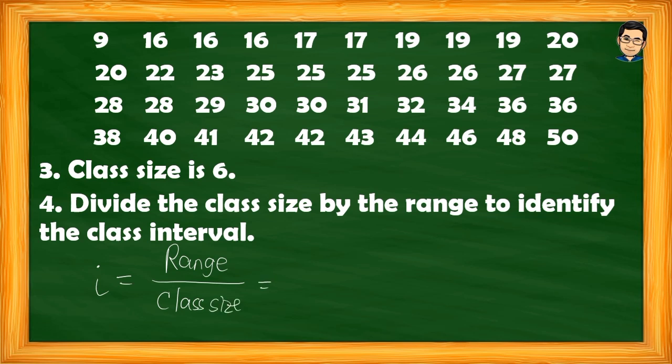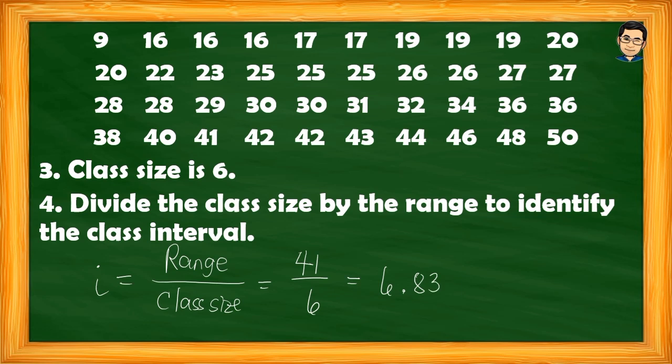Okay, yung range na nakuha natin kanina is 41. And then, i-divide natin sa class size natin which is 6. So, kapag dinivide natin yung 41 sa 6, ang makukuha nating quotient, sagot, is 6.83.